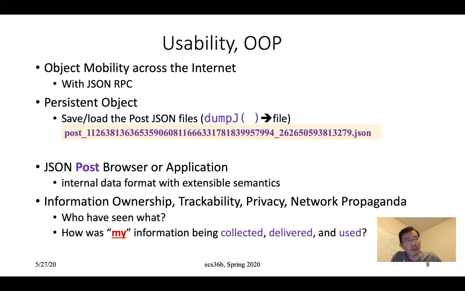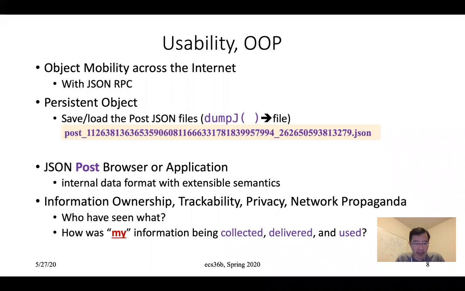Next time you rerun the program, you need to somehow reconstruct that object again. This sometimes is not desirable, because you want to be able to continue from what you left off last time. This is what we call persistent object.